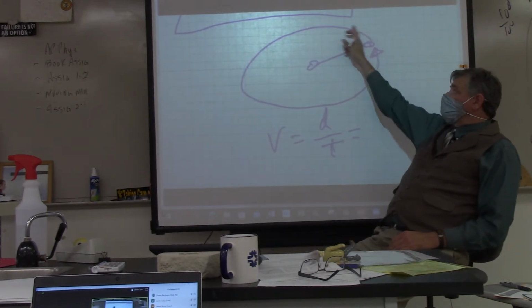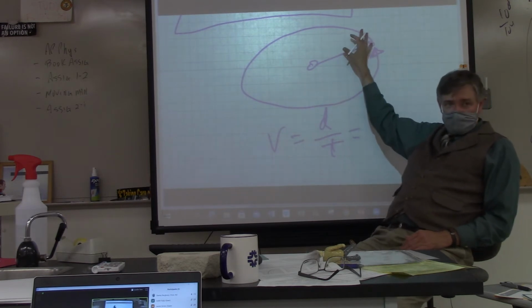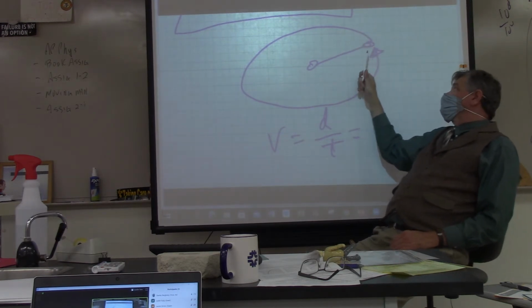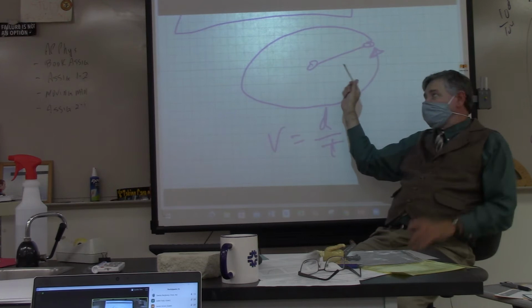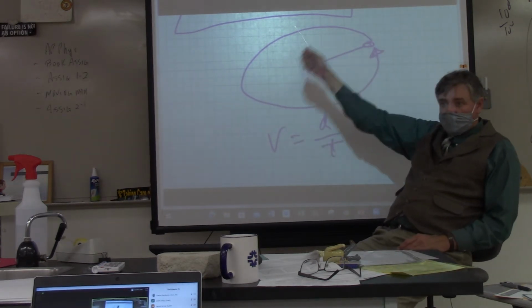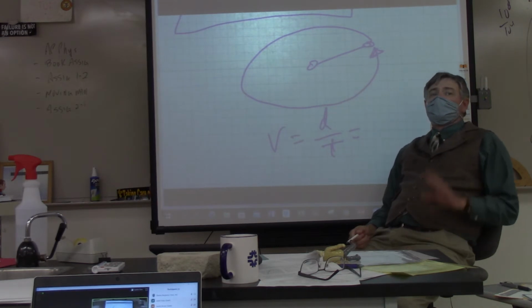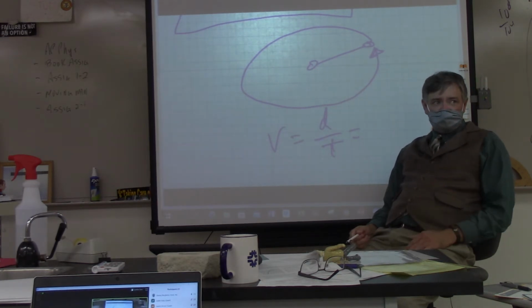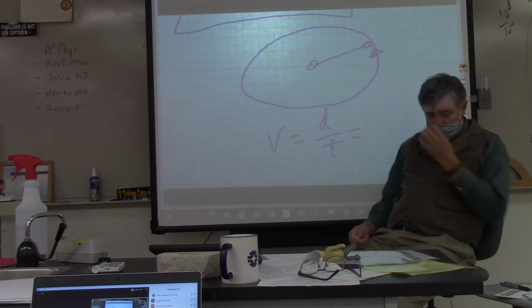So when something's moving in a circle, and you're going to come back to that same point, first off, quick refresher of geometry. How can I find the circumference of that loop? How do you find the circumference of a circle? 2 pi r? Everybody cool with it? Okay?